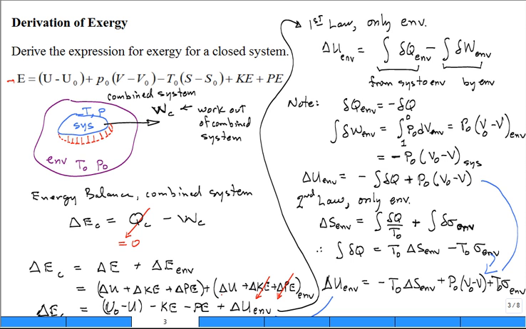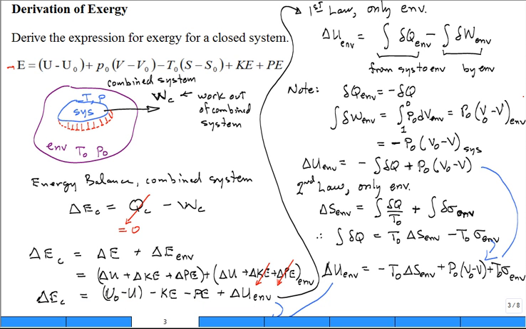But the internal energy of the environment can change during that process from the initial state to the equilibrium state. So if I scoot down just a little bit, we'll see that the change in the energy of the combined system is you start at state U and you end at state U0. So the system goes from the initial internal energy to the dead state internal energy.